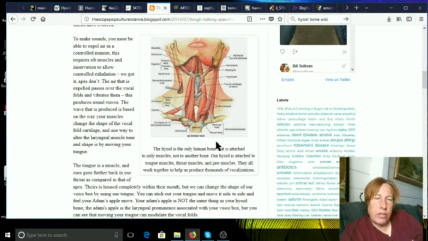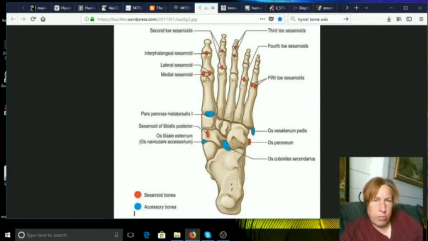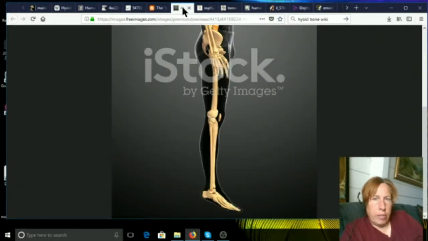Because in the last couple videos, I talked about, first of all, you've got the patella here. That's totally a standalone bone. It is not touched to other bones. And then also I talked about the sesamoid bones, which are all over the body, and they are all not attached to other bones. And also you've got all these accessory bones. So all over the body, feet, hands, knee, and sometimes the vertebral column, back of the neck, there are other bones that are standalone bones that are not attached to the main skeleton.